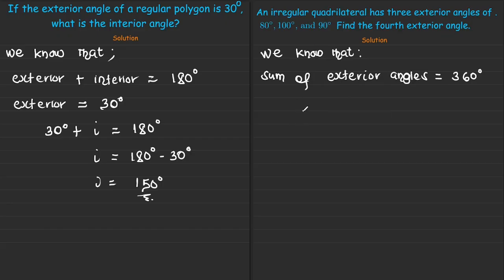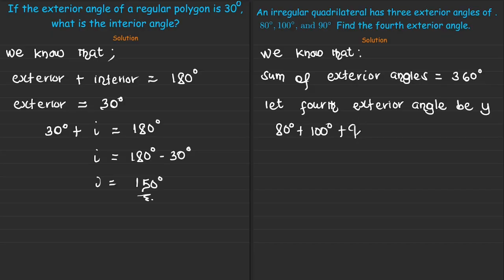So let's let the fourth exterior angle be a variable, y. Then adding all these three to the y, we have 80 degrees plus 100 degrees, plus 90 degrees, and finally plus y. And that should give us 360 degrees.